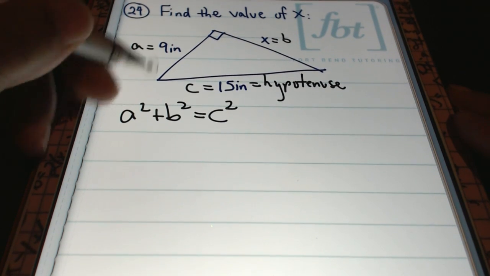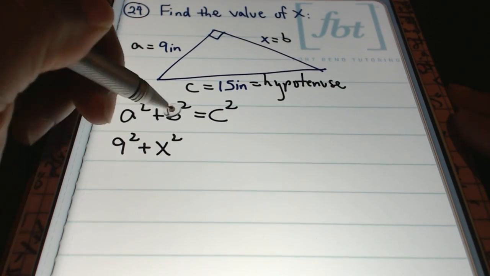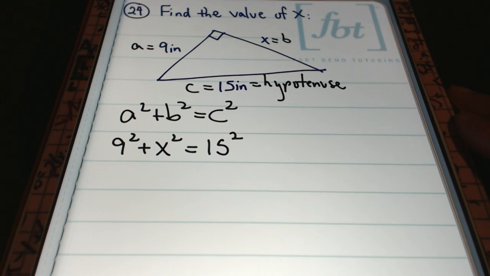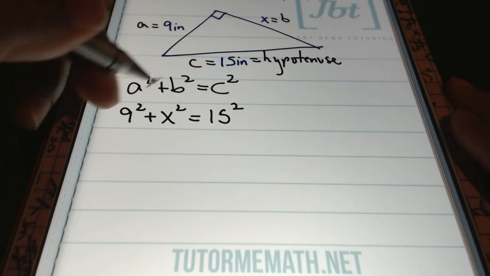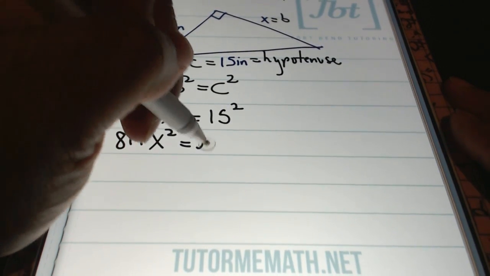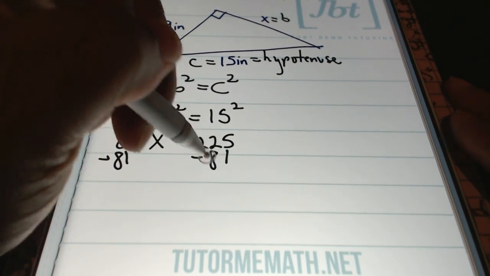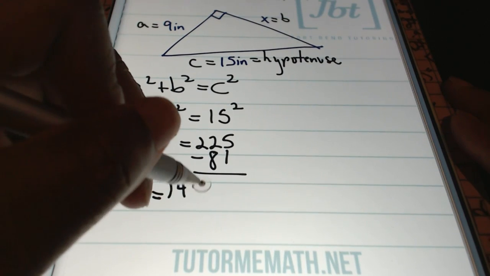We'll say that our A is 9, right? So we got 9 squared plus our B value is X, so that's X squared, equals to our C value of 15. So that's 15 squared. And then simplifying this, knowing that 9 squared is 81, plus X squared, which equals to 15 squared, which is 225. We'll then subtract 81 to both sides, just like this, to end up with x squared equals 144, guys.